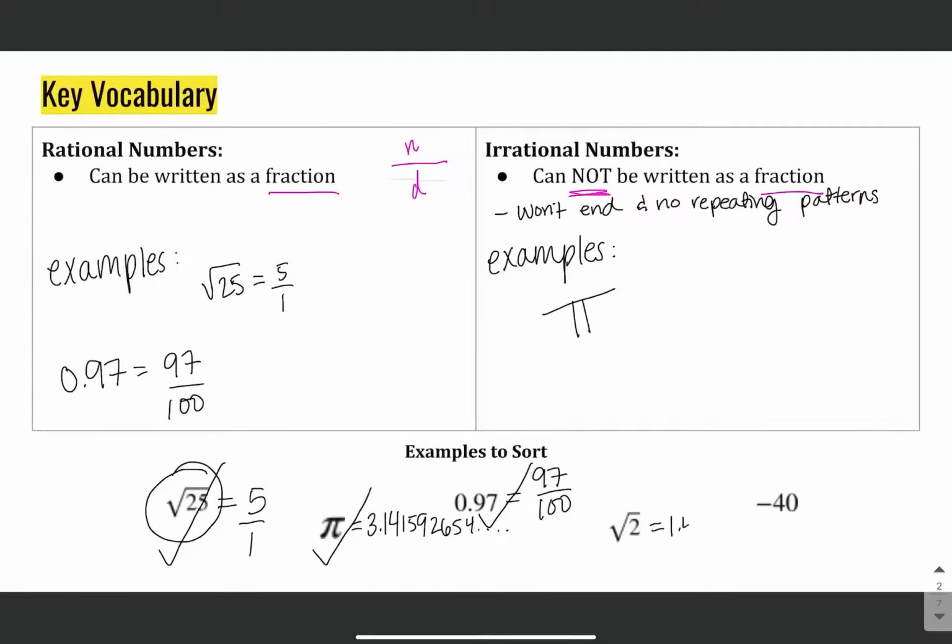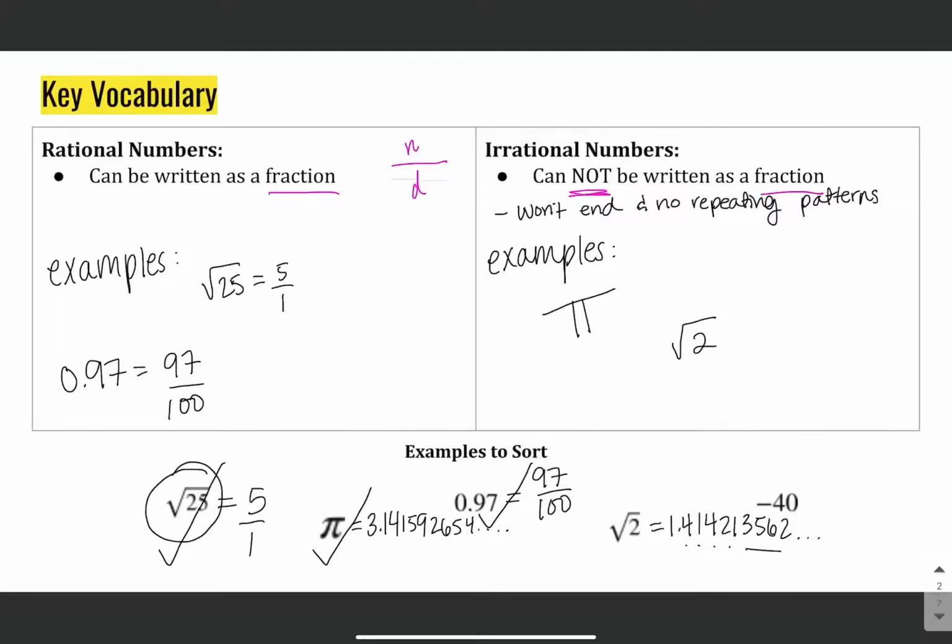It's going to be 1.414213562, and it keeps going. Again, notice our numbers. There's no sort of pattern here, and it keeps going. So what category would that fall under? That would be an irrational number, because I can't write this as a fraction. Again, it's going to keep going, it won't end, and there's no patterns. So radical 2.